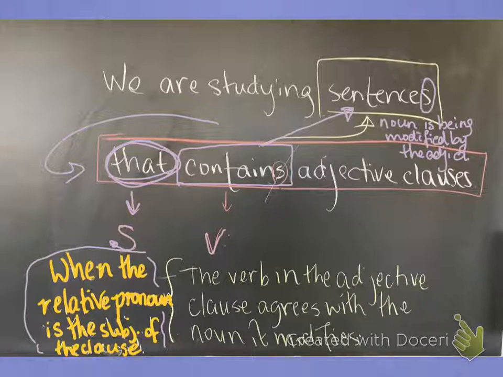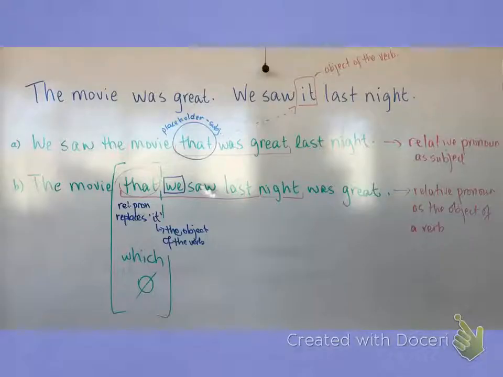So the verb in the adjective clause needs to agree with the noun that it's modifying when we're talking about adjective clauses that have the relative pronoun as the subject. If we look at relative pronouns when they are the object of the sentence, we don't have that agreement anymore.